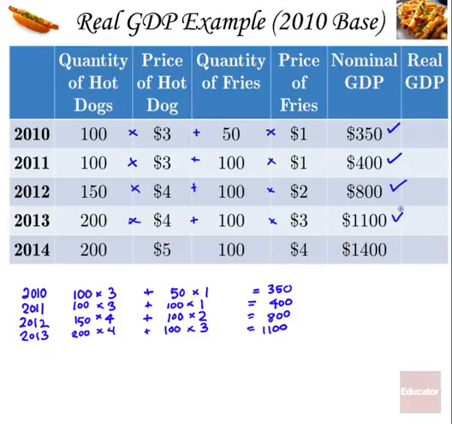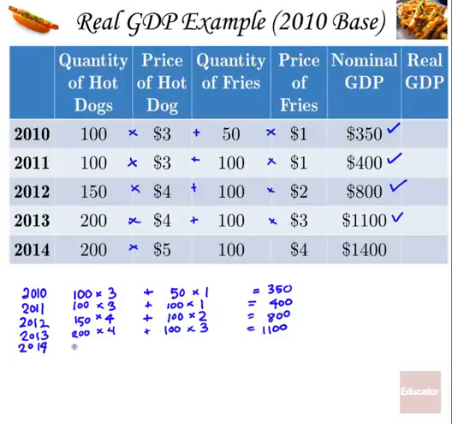So you're thinking, wow, the economy's growing, but what you see here is there's no growth in fries. All that happened was fries just cost a little bit more. And there was growth in hot dogs, but it was only by 50 here. And 2014 is where you see that nominal GDP isn't going to truly measure economic growth.